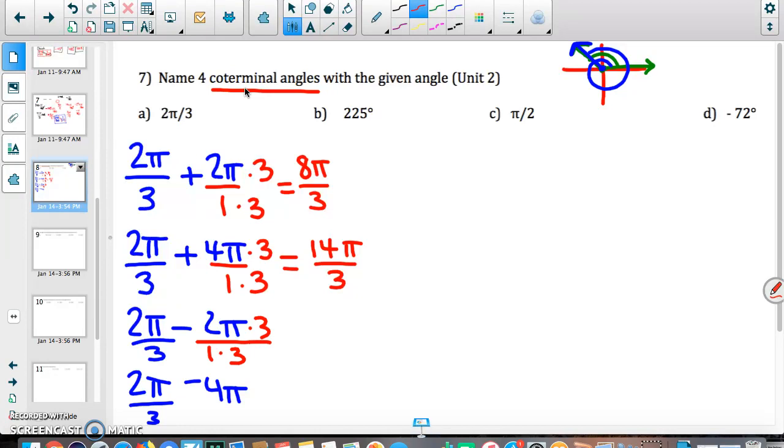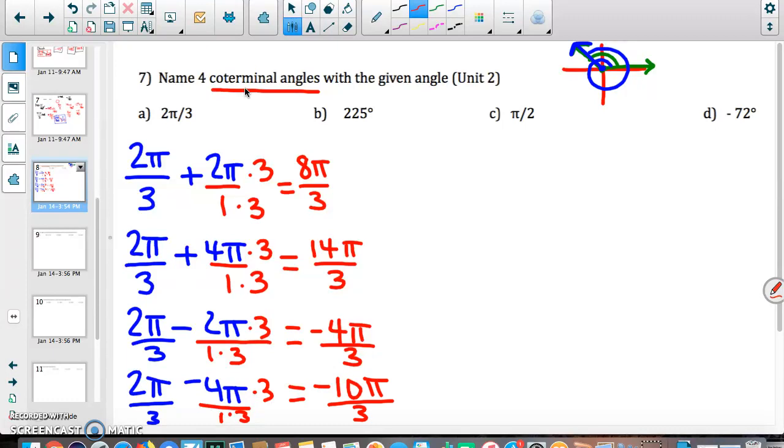Forgot the one. This would be 2 minus 6, which would give me negative 4 pi over 3. And last but not least here, I would get 2 minus 12, which would give me negative 10 pi over 3. So those are your 4 answers.